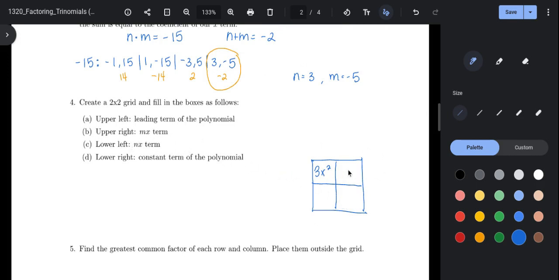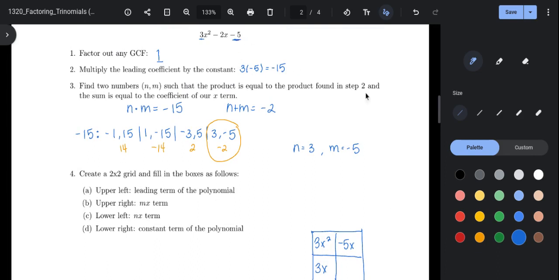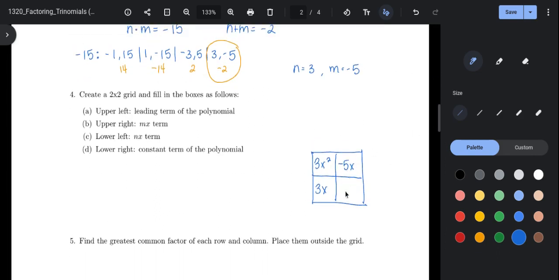In the upper right-hand box, we're going to put our mx term. So we're taking our m and multiplying it by x and putting it in there, so negative 5x. In the lower left, we're going to have our n times x term, so 3x. And then in the lower right box, we're going to place the constant term of the polynomial. So in this case, our constant was negative 5.